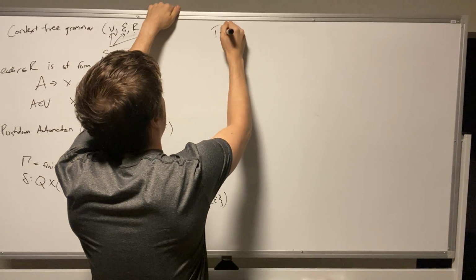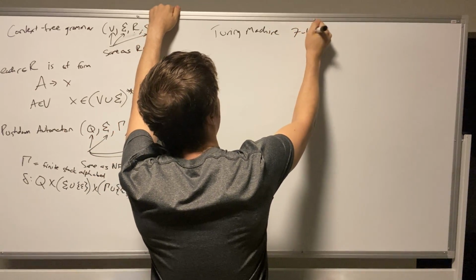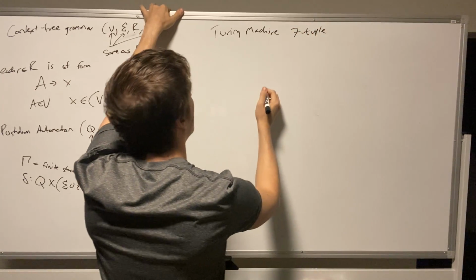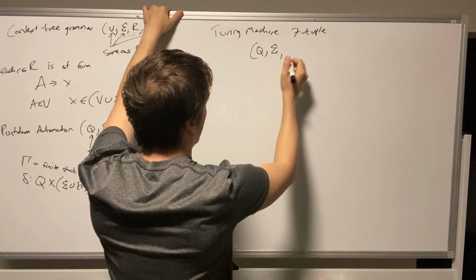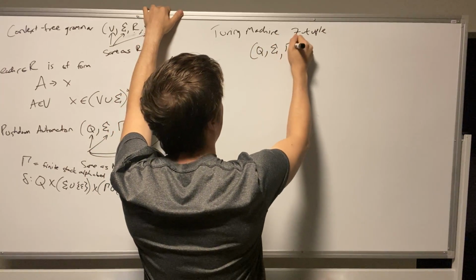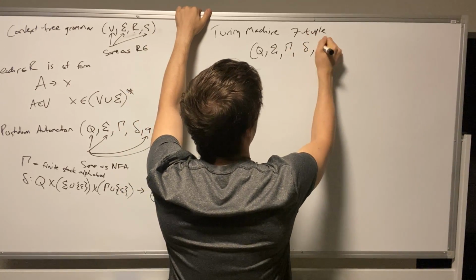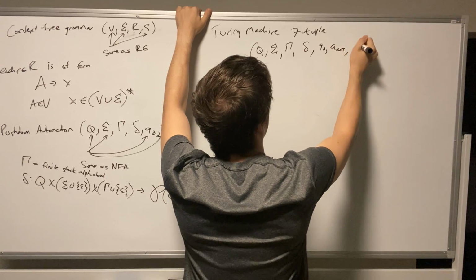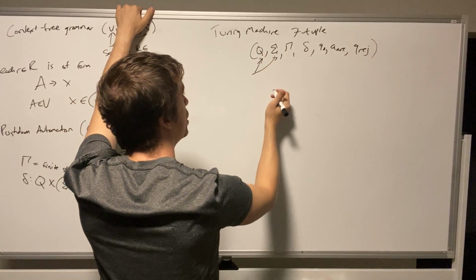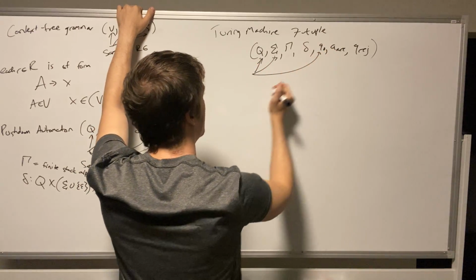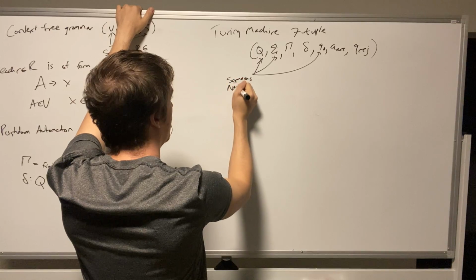So a Turing machine is a 7-tuple. That is Q, sigma, gamma, which is not the same thing as a PDA, the transition function, Q0, Q accept, Q reject. These are the same as an NFA.